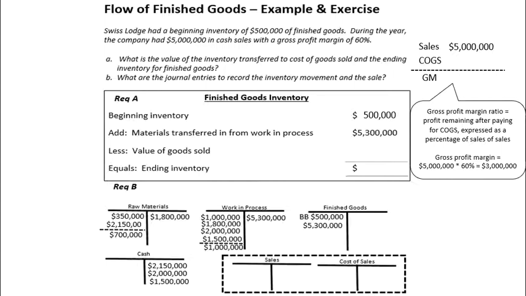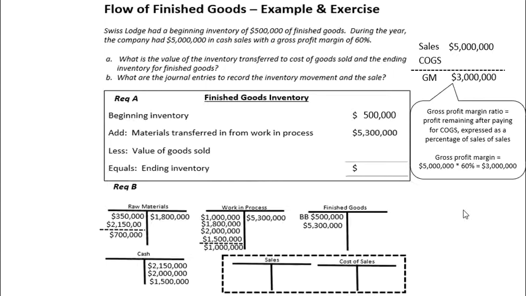That means 60% of my sales are left over after I paid for my cost of goods sold. So what I know is that my gross margin had to be $3 million. So I'm going to put that in there. There's my gross profit. And if you take $3 million divided by 5 million, that equals 60%.